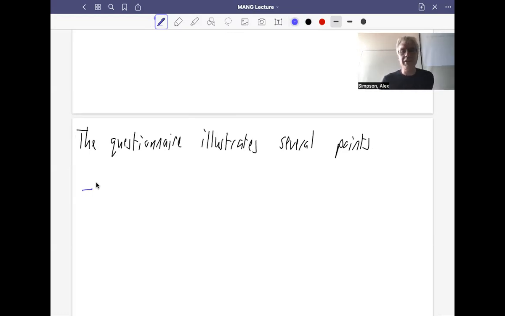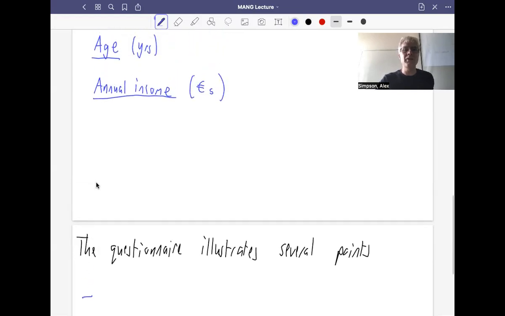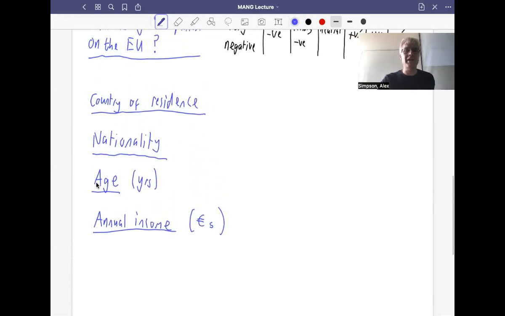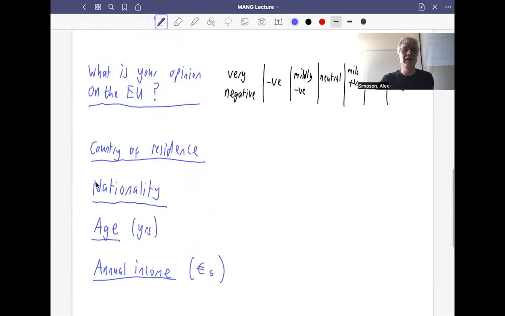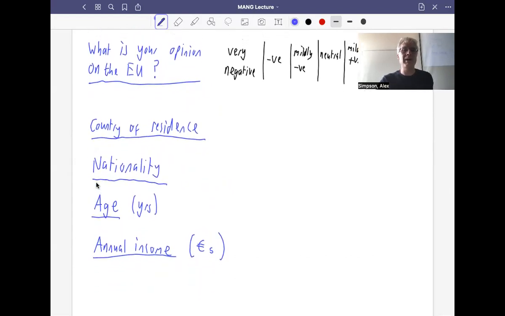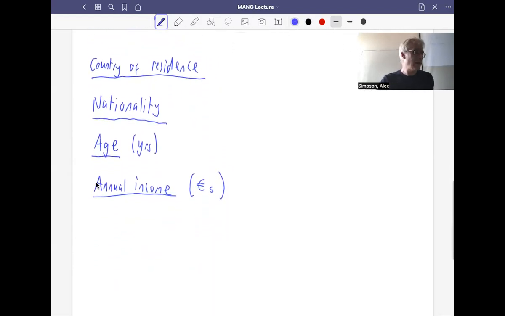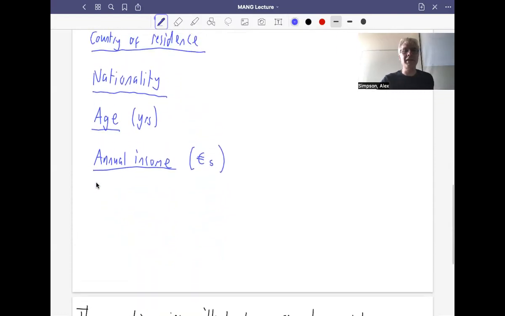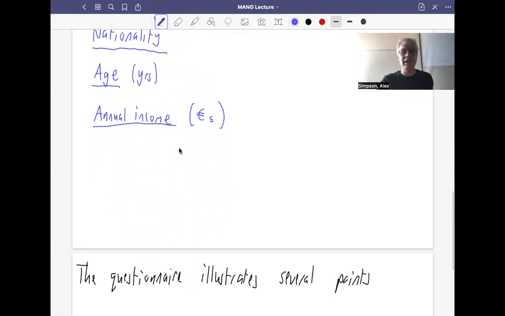So the first thing I want to talk about is, well, it's all very well to design such a questionnaire, but how do we actually go about using it in practice? So how do we gather the data? We can say to people, answer this questionnaire, but how do we do that?